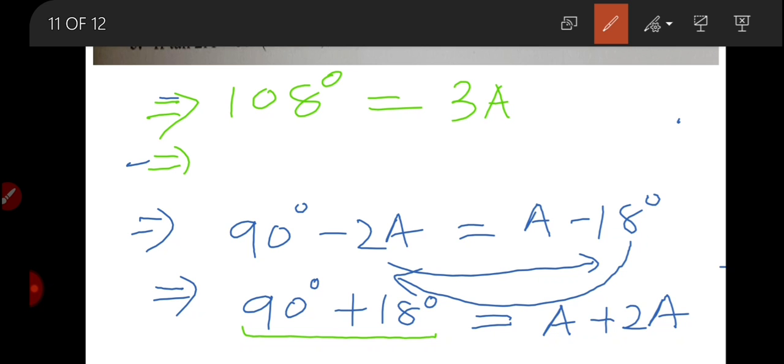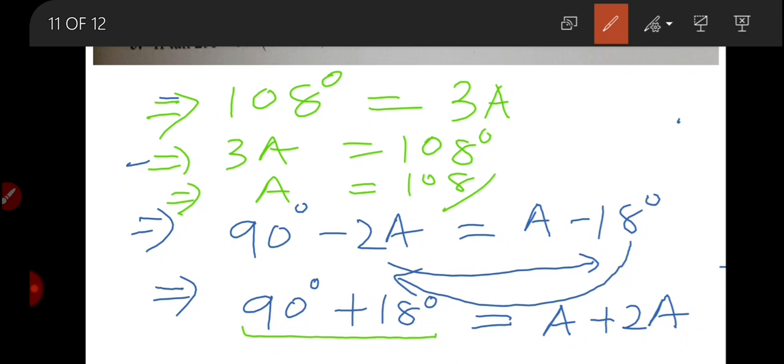We can write 3A equal to 108 degree. So A equal to how much? A equal to 108 by 3. That is equal to, 3 nines are 27, then 3 sixes are 18. So angle A is 36 degree.